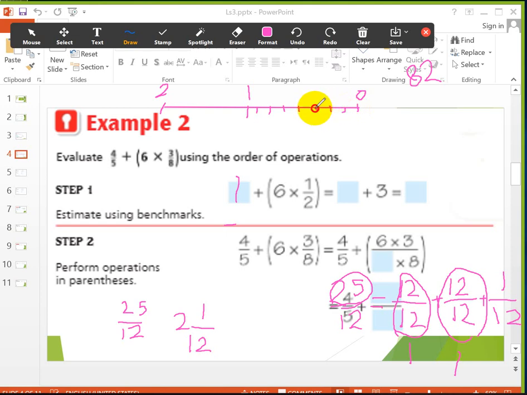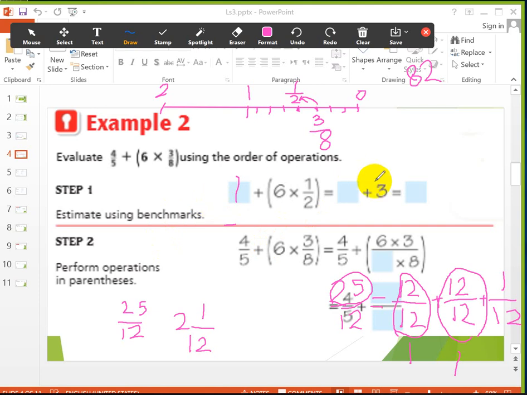This is 3 over 8. Look, and this one is 1 over 2. So it's close to which number? 0 or 1 over 2? I think 3 over 8 is close to 1 over 2. So here I round 3 over 8 into 1 over 2. Okay?